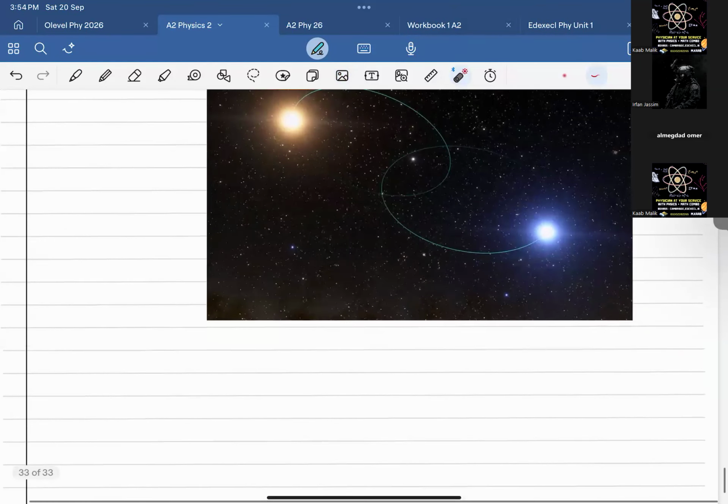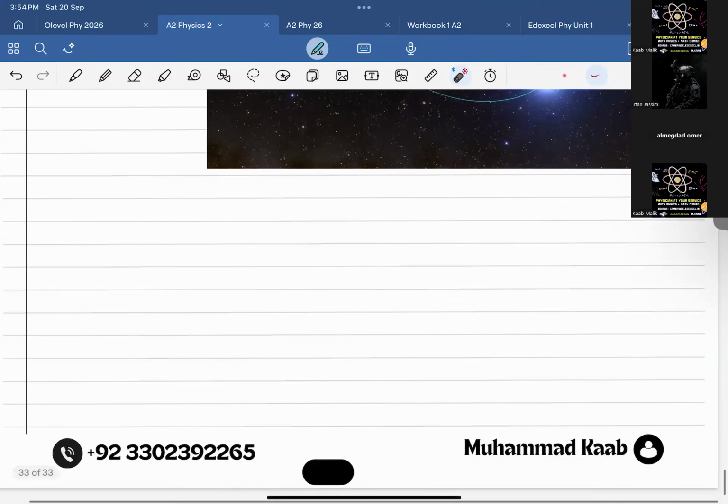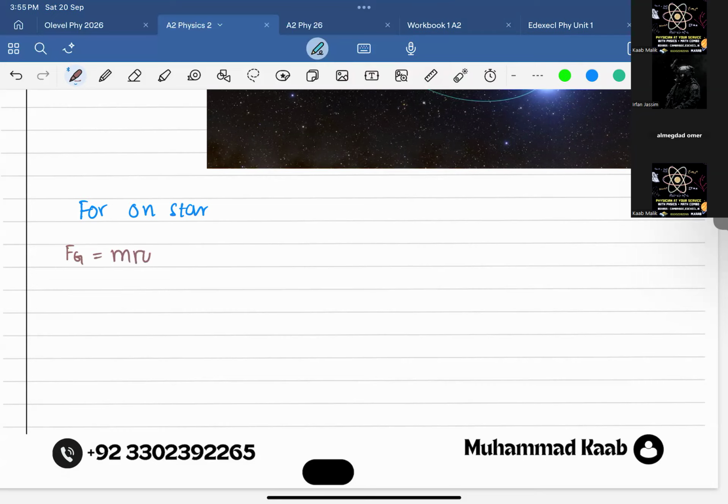Now, if we try to relate the gravitational forces, for one star we know that the gravitational force Fg provides the centripetal force m r omega squared.